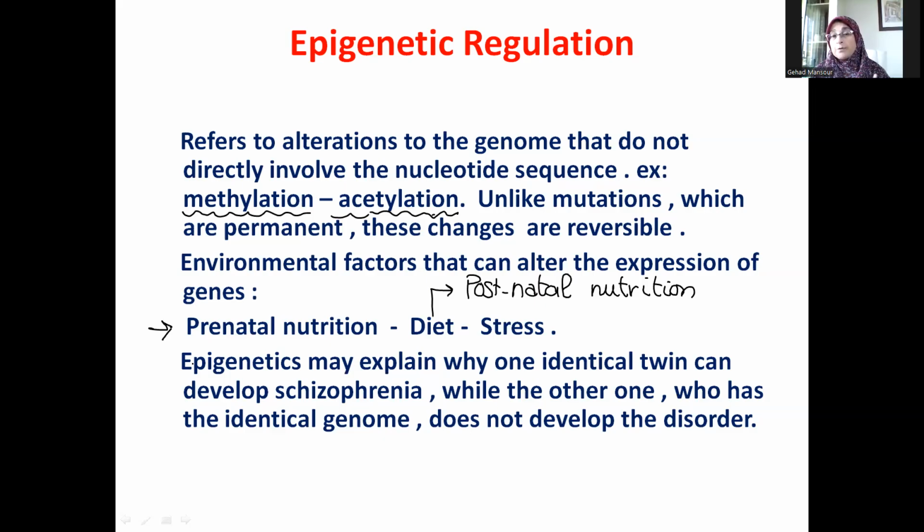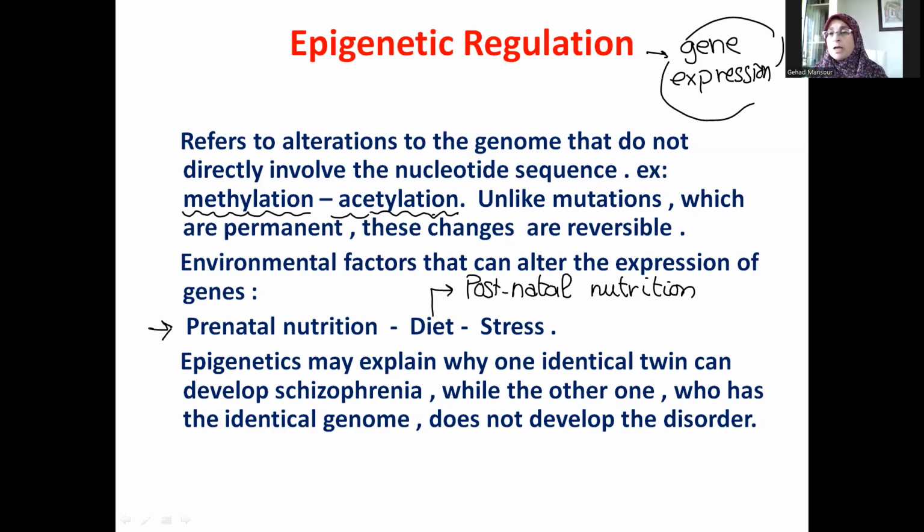All these examples, methylation, acetylation, stress, diet, free radicals, prenatal nutrition, are examples of epigenetic regulation. In epigenetic regulation, you affect gene expression, but you affect gene expression through environmental factors. You affect the phenotype or gene expression through environmental factors.